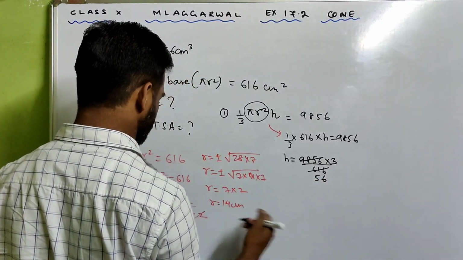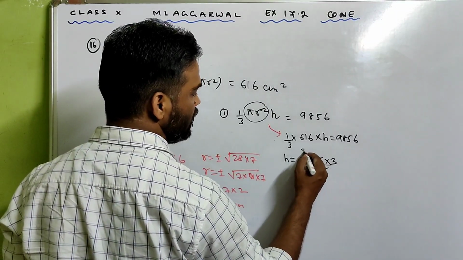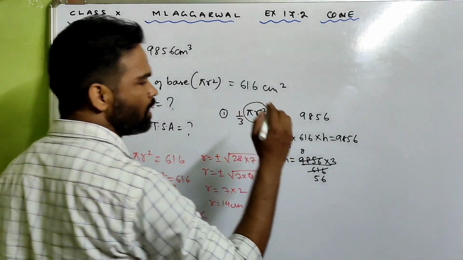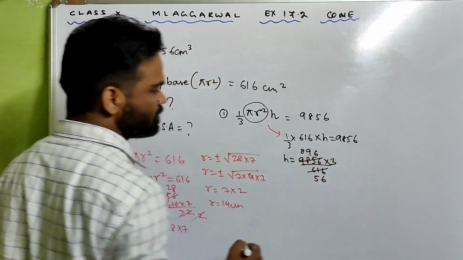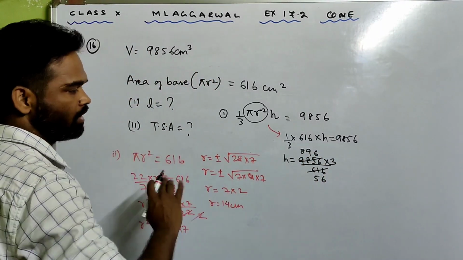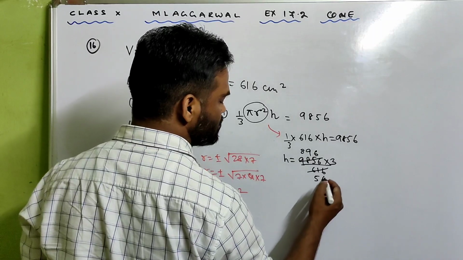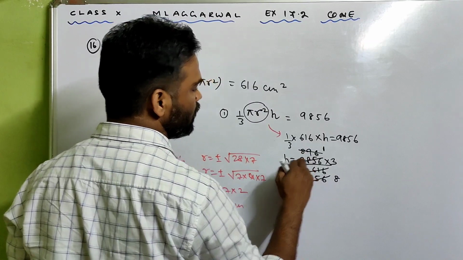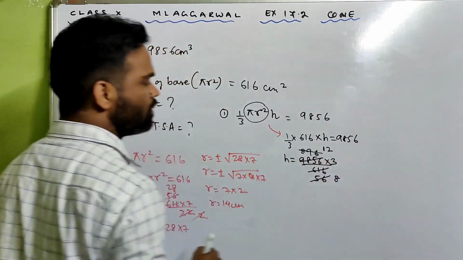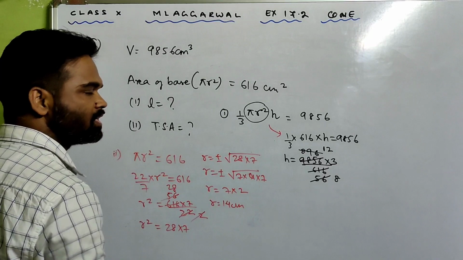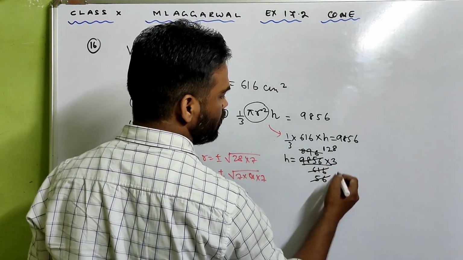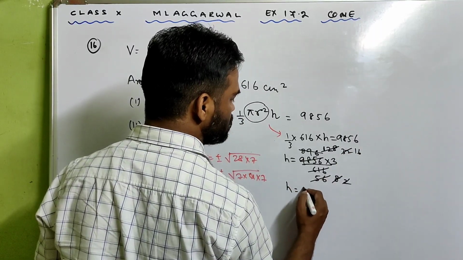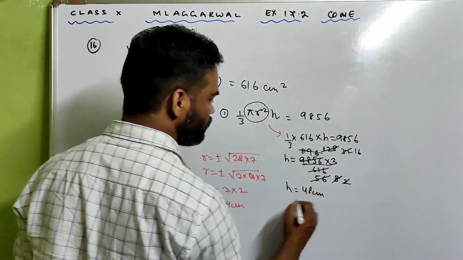Then you cancel by 7, and we get 4 into 3 into 4, 48, which means h is 48 centimeter.